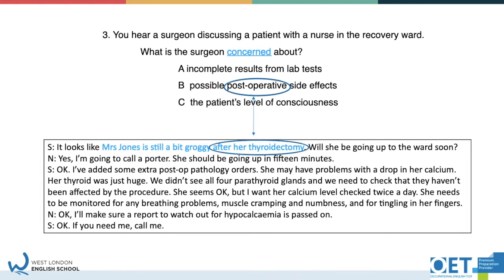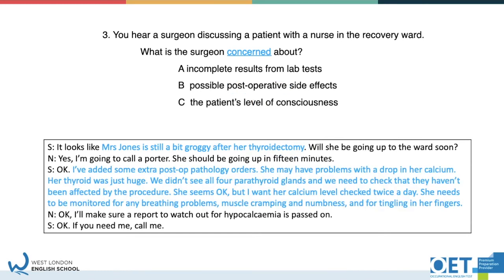Okay, so after a thyroidectomy, which we know is an operation, we can match an operation here with post-operative, because post means after the operation, and here we've got after her thyroidectomy.